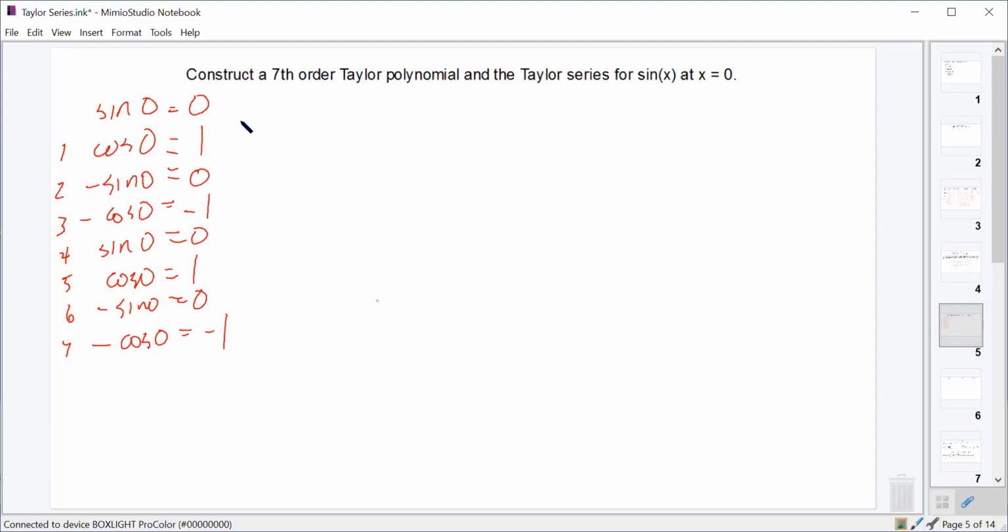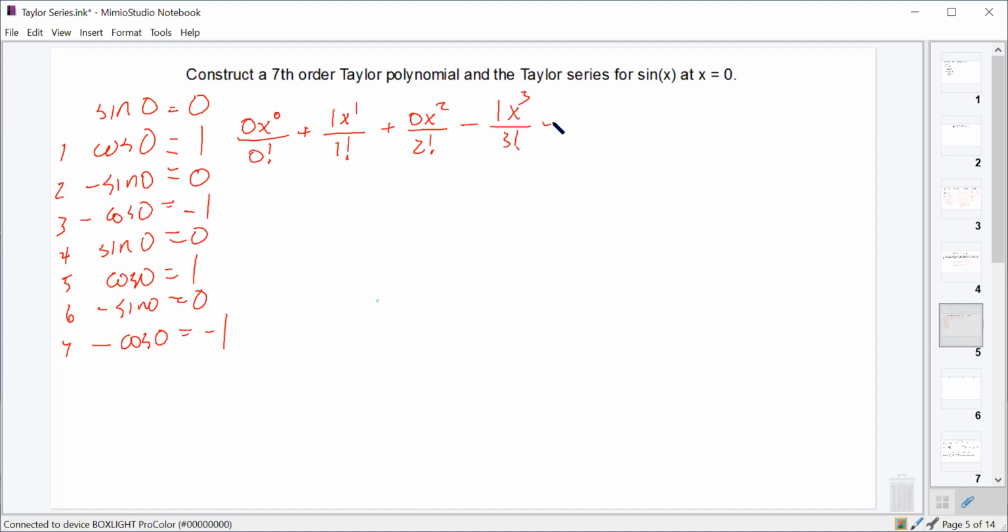First thing we should have is 0 x to the 0 over 0 factorial, right? Next thing we should have is plus 1 x to the first over 1 factorial. Next thing we should have is 0 x squared over 2 factorial, minus 1 x cubed, or x cubed over 3 factorial.